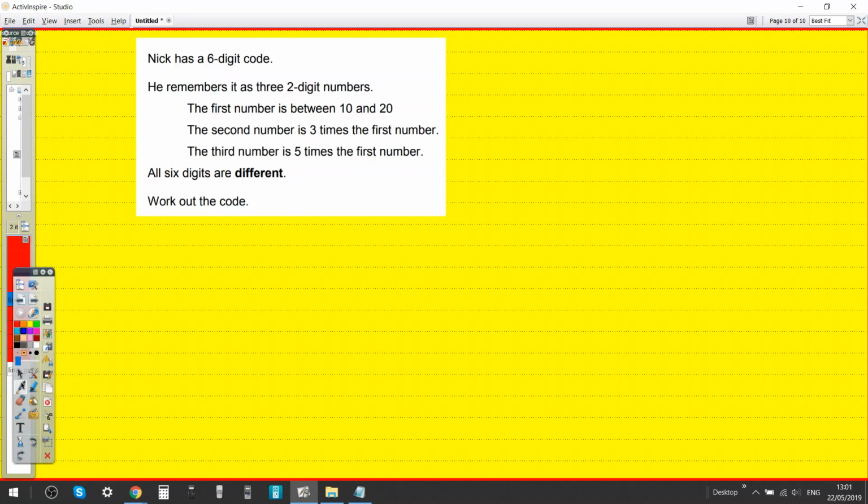So if it's 11, for example, times that by 3, so it'd be 11, 33, and then the fifth number has to be 5 times greater than the first number. 11 times 5 is 55.